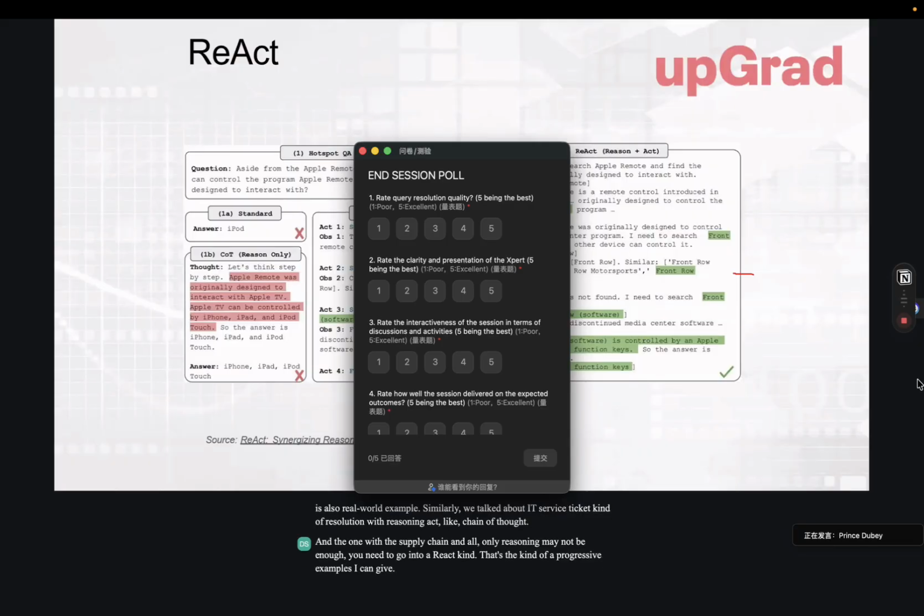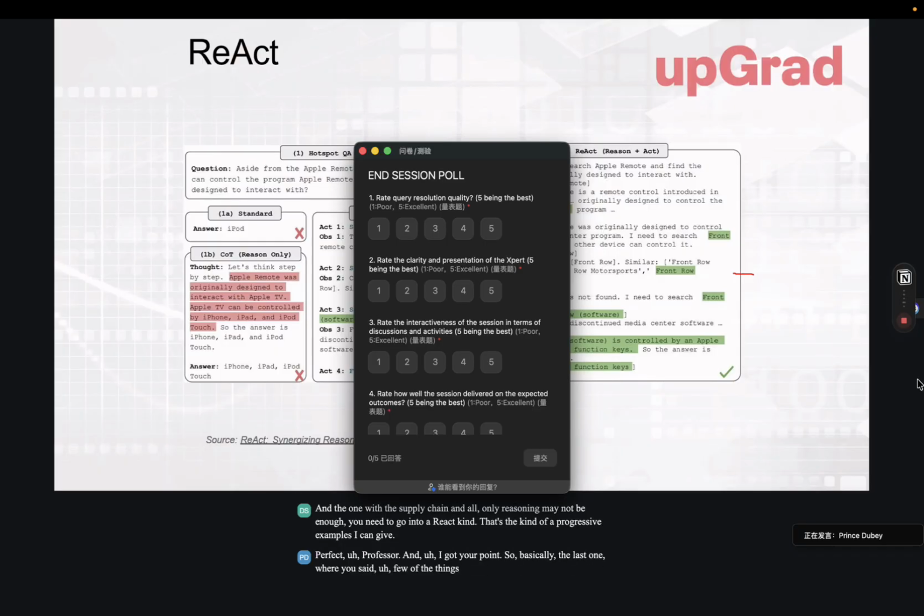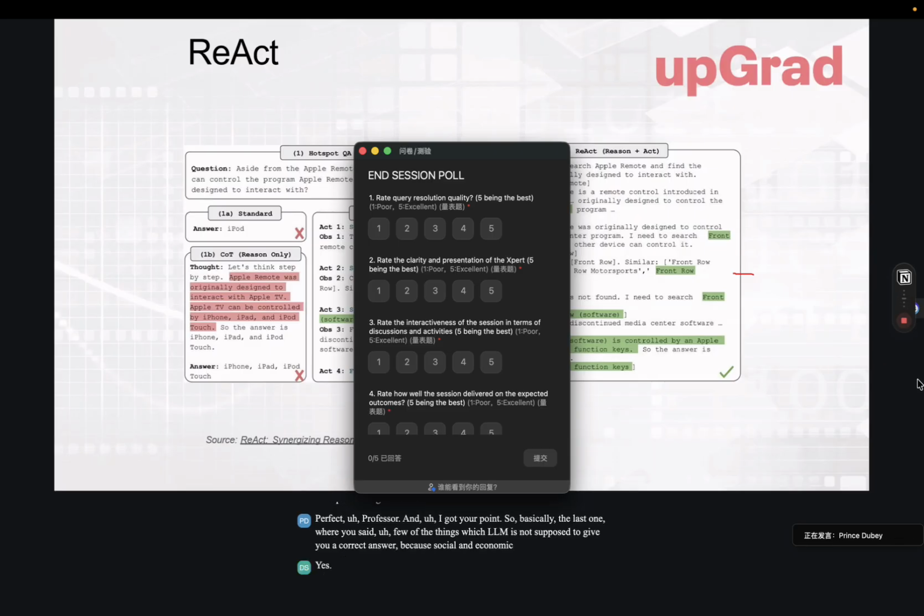Perfect, Professor. I got your point. So basically, the last one, where you said there are things which an LLM is not supposed to give you a correct answer for, because social and economic situations are very dynamic and can change every second.